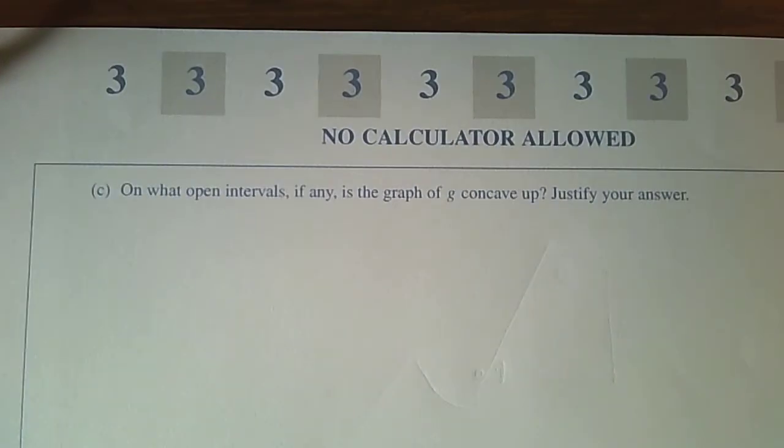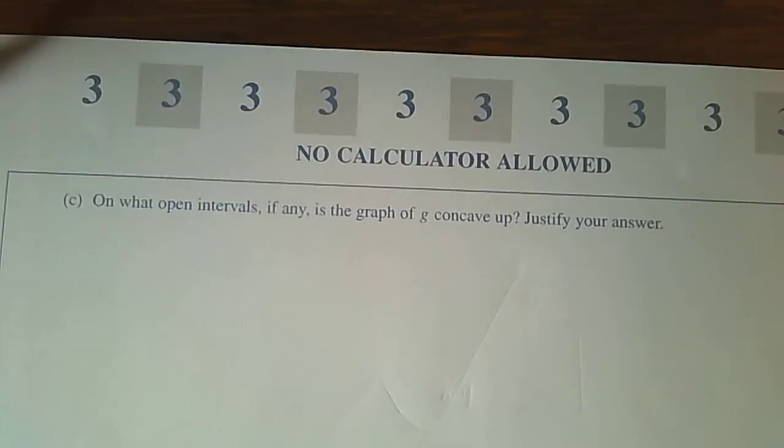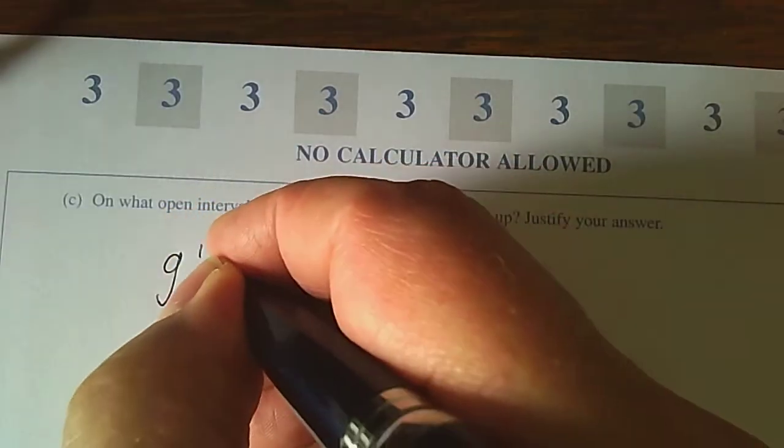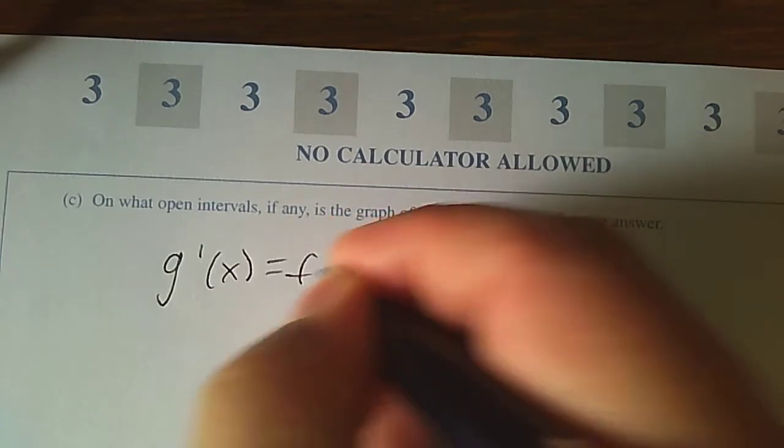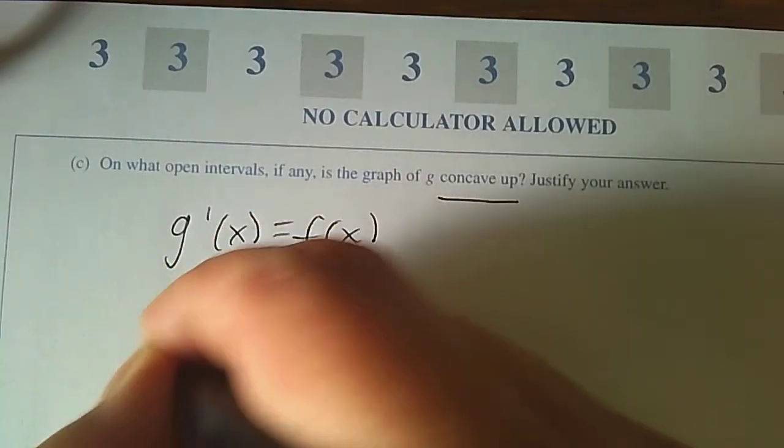All right, turn the page. For the next page, I'm going to keep this here beside me. It says, on what open intervals, if any, is the graph of g concave up? So we just said the derivative of g is f at x. Concave up deals with the second derivative.